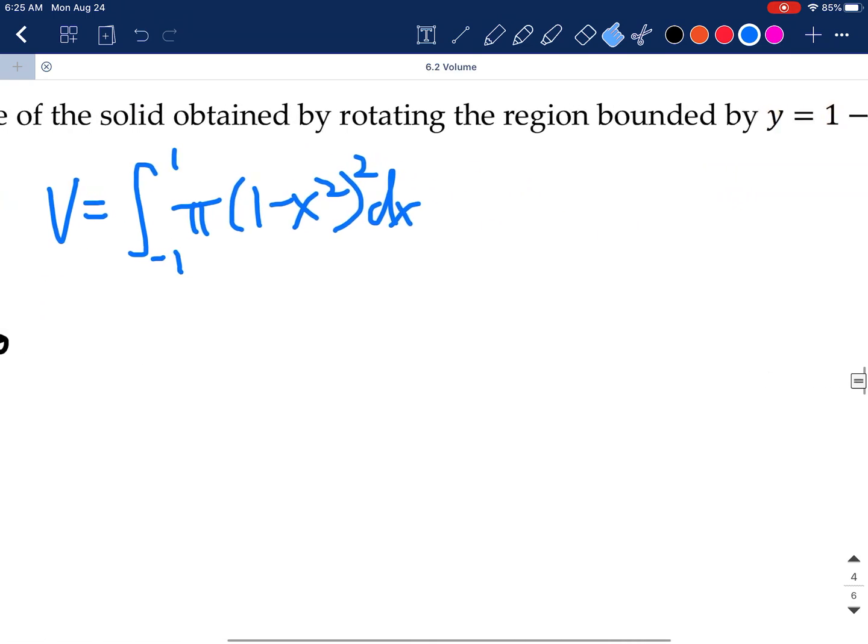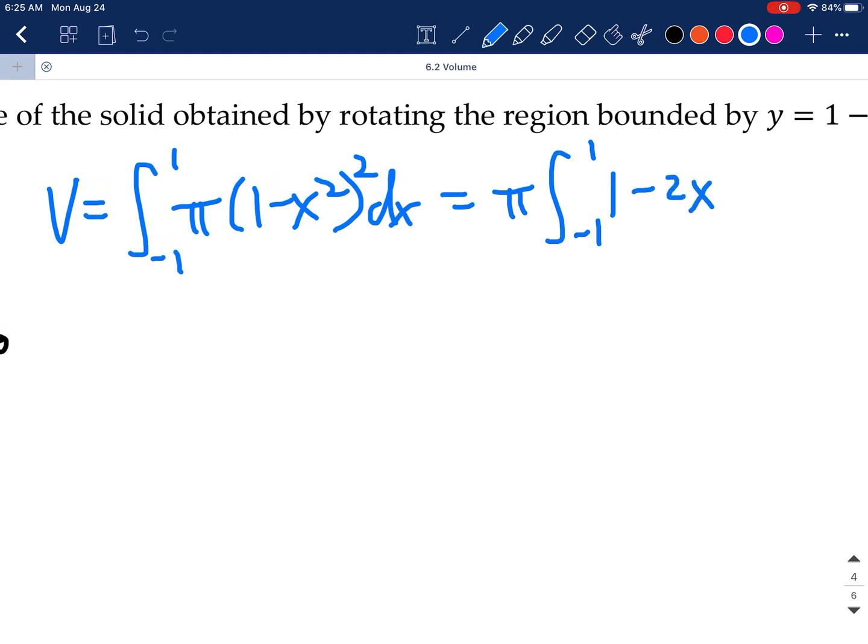Now keep in mind, with your integrals, you can always just factor out the pi. And then we'll have, let's just distribute, 1 minus 2x squared plus x to the 4th. And then from here, you can evaluate the integral.